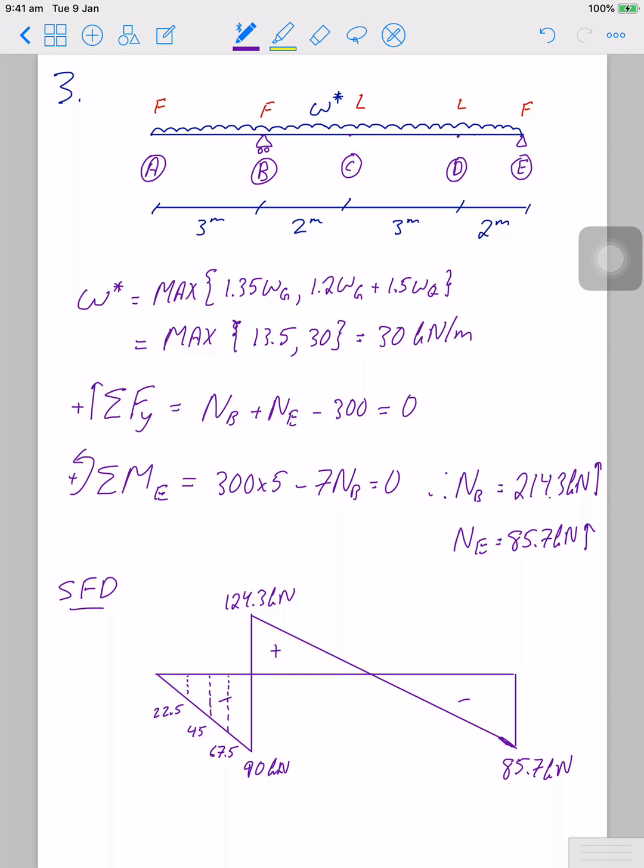Basically, you know that this value is going to be a half of 0 and 90, and then a half of 45 would be 22.5, and then the mid value between 90 and 45 would be 67.5. We know that when the shear force is 0, it should be a point where you have your maximum bending moment, and so we need to calculate this distance x.